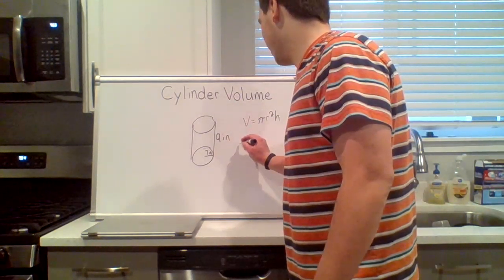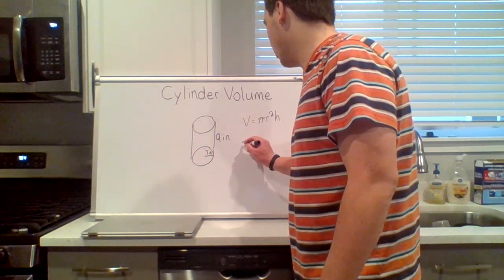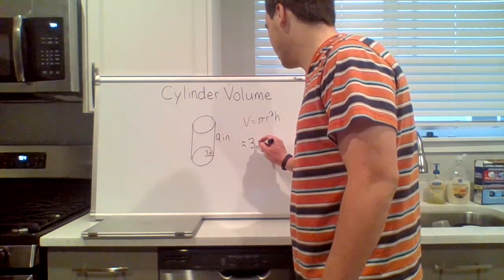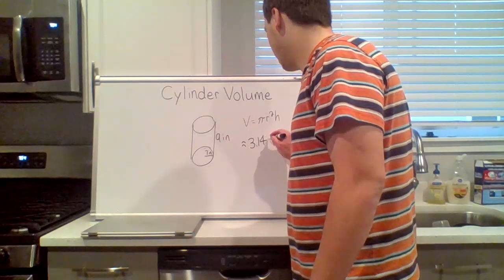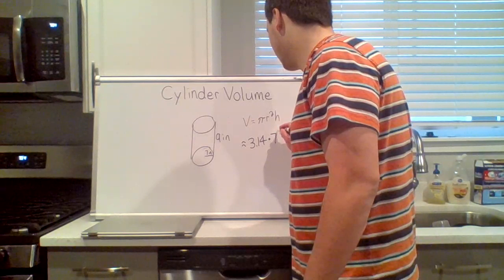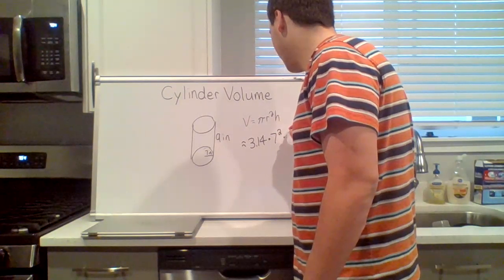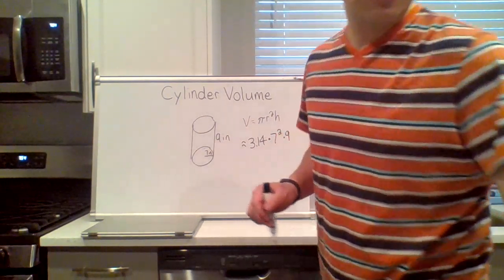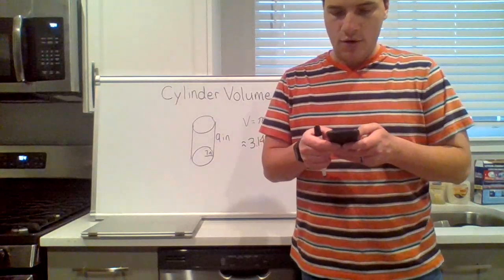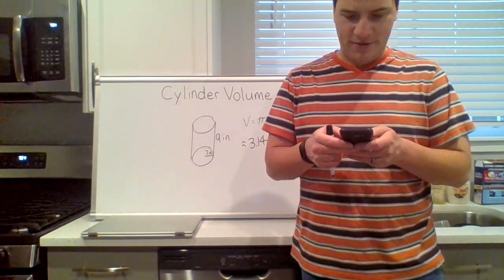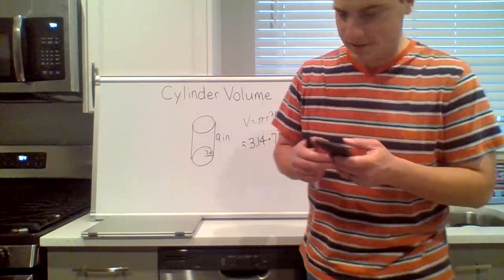Alright, so the volume is given by, we'll go back to 3.14 times 7 squared times 9, or 3.14 times 7 times 7 times 9.